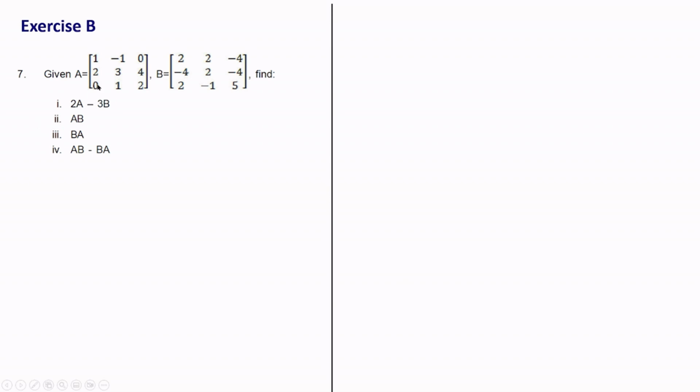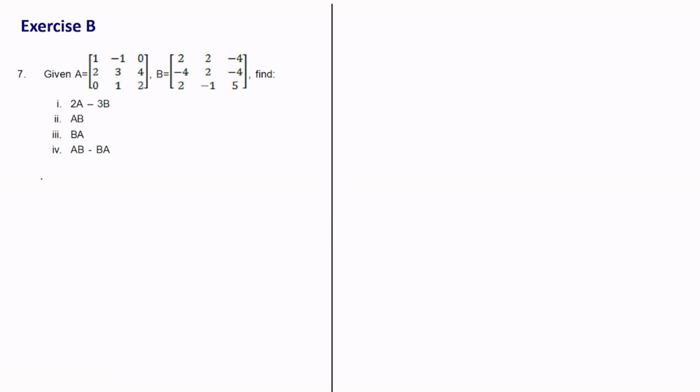Next question, given A equal to [1 -1 0; 2 3 4; 0 1 2], B equal to [2 2 -4; -4 2 -4; 2 -1 5]. We have to find each of these matrices. So first let us find 2A minus 3B.